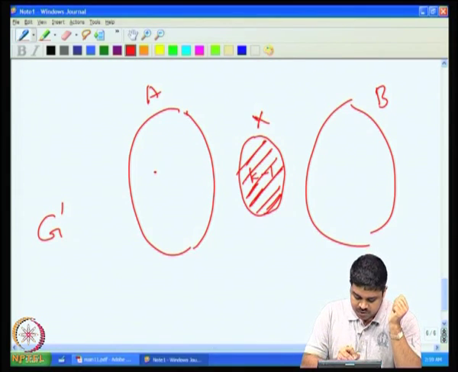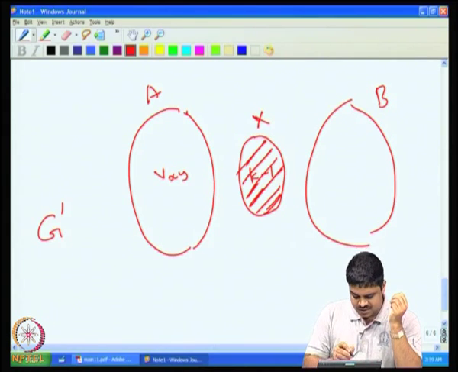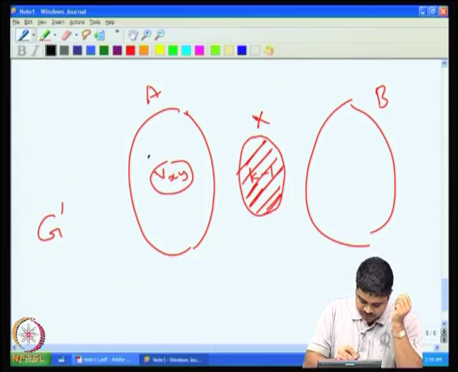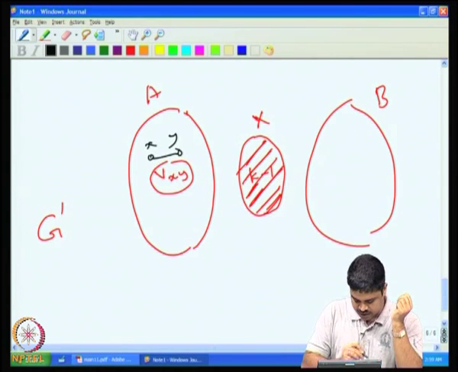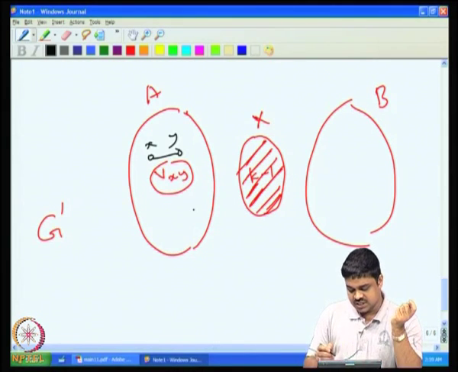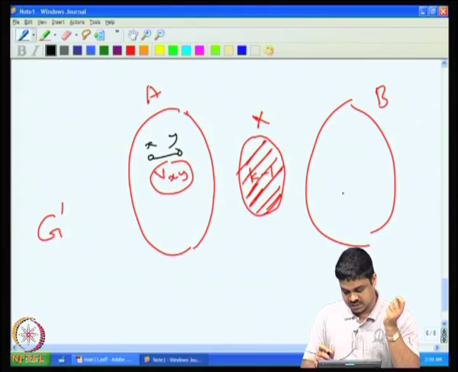Is it possible that Vxy is totally inside A? Of course not, because if Vxy is totally here, I could have replaced Vxy with the original edge xy here, and this x will again separate A from B, right. It does not change anything, because when you remove it, you cannot introduce any new AB paths.